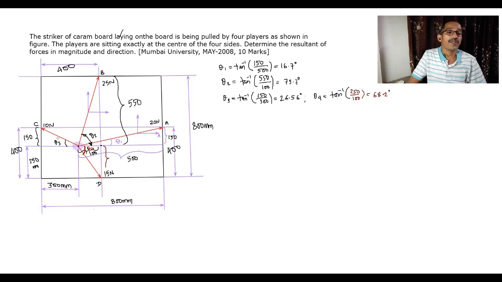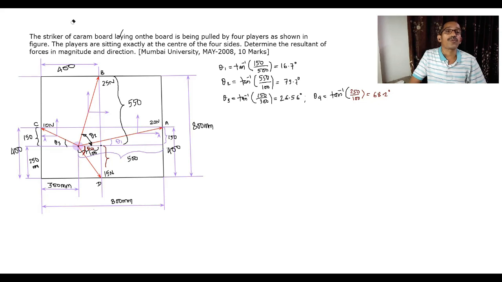Next, for this 10 Newton force, as it is a pull, the horizontal component will be rightward and the vertical component will be in the upward direction. Next is the fourth force.